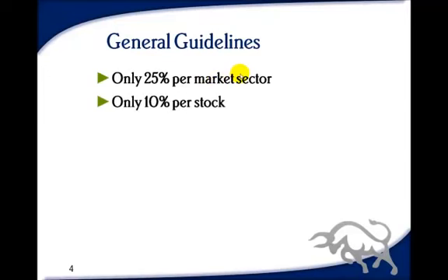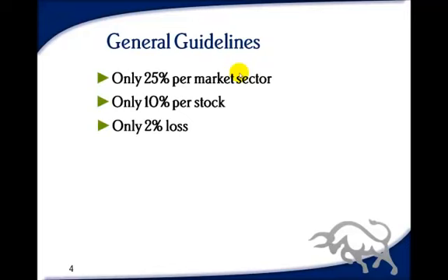The next guideline is that you don't want to put more than 10% of your trading capital into any one particular stock. Again, you want to guard against the downfall in this. If the stock plummets, you're going to be risking too much. So you have the guideline, but having got that guideline, we then look further into it and we say we don't want to lose more than 2% of our whole trading account on any particular trade.